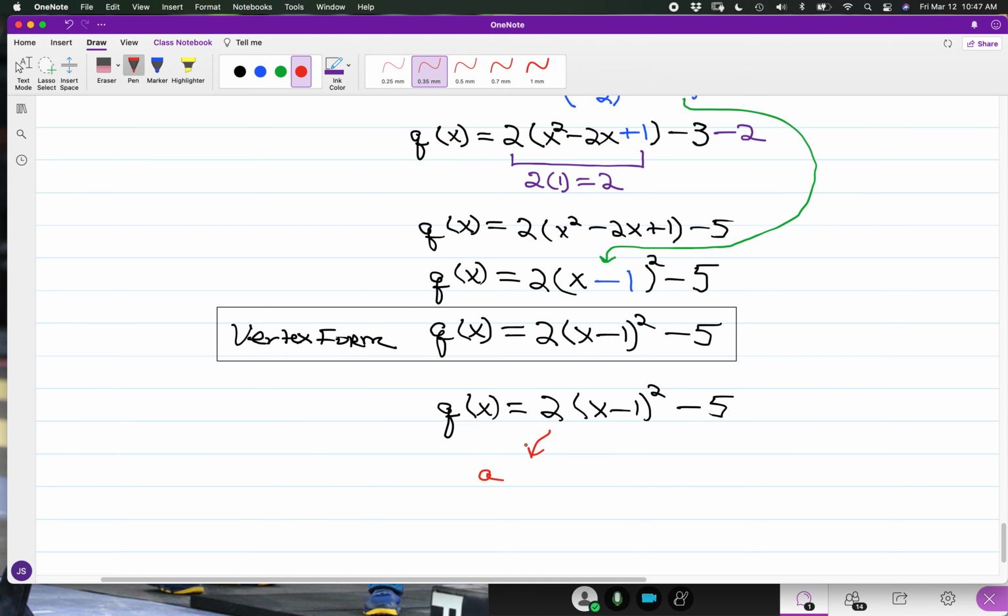So you have the leading coefficient a, so a is equal to 2. So a is positive. So we're going to have that q of x is going to rise upward, open upward from the vertex.